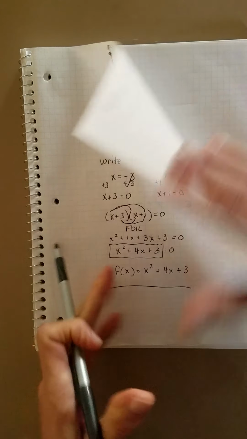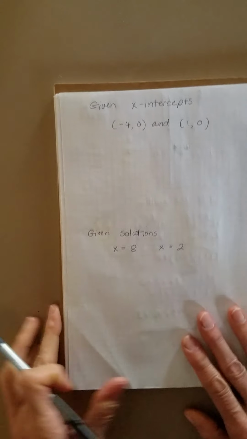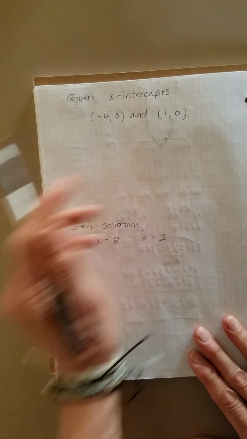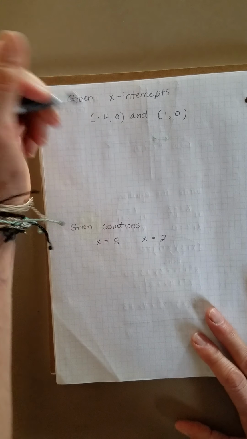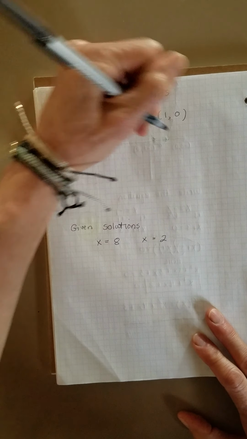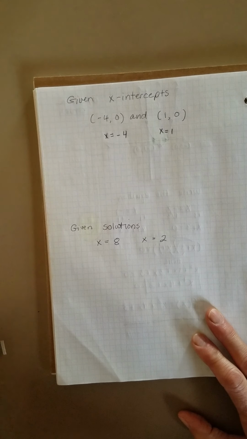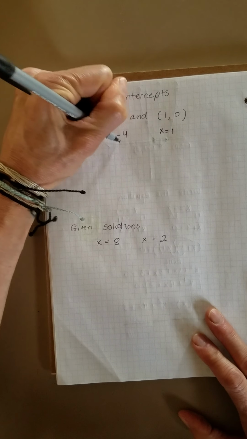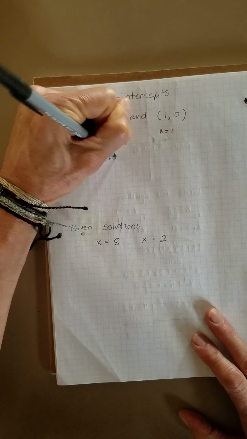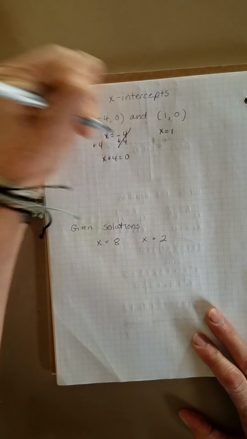Now that we know how to do that, let's go through two different ways to look at this. Here we're given the x-intercepts. We say x equals -4, x equals 1. We're going to add 4 to both sides, so we get x plus 4 is equal to 0.